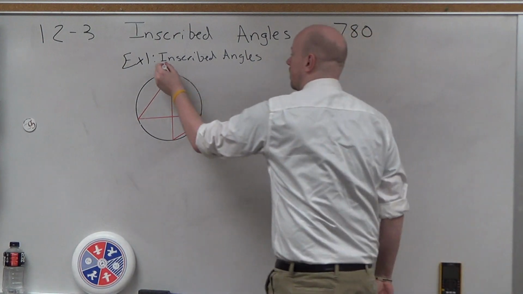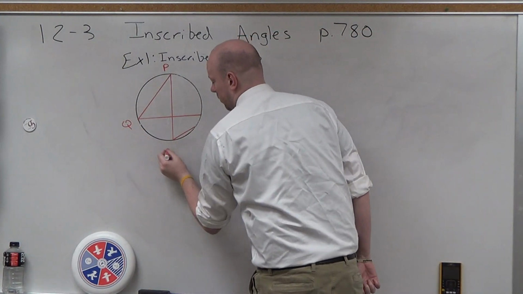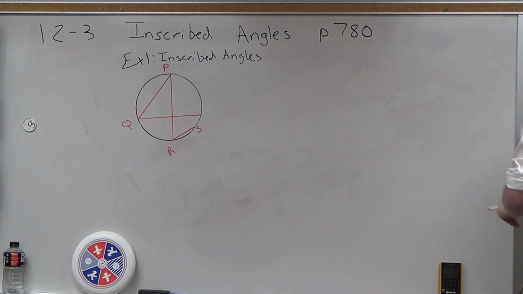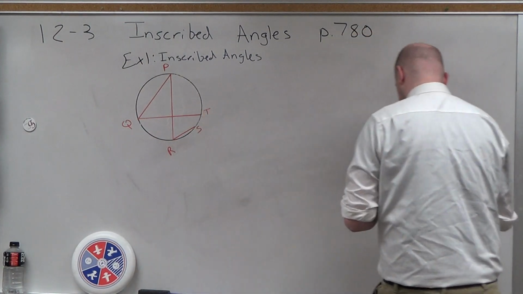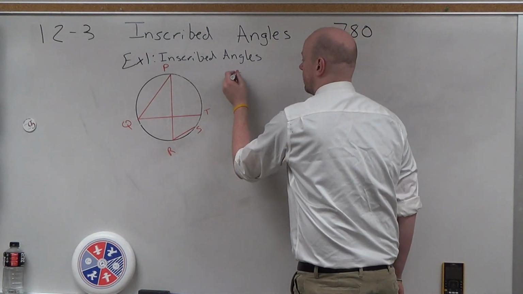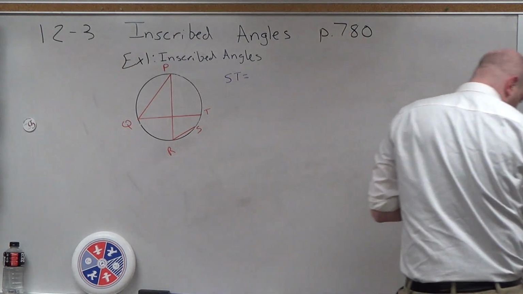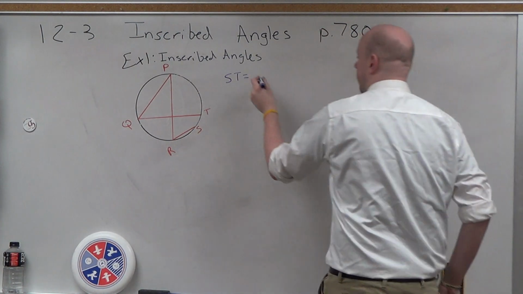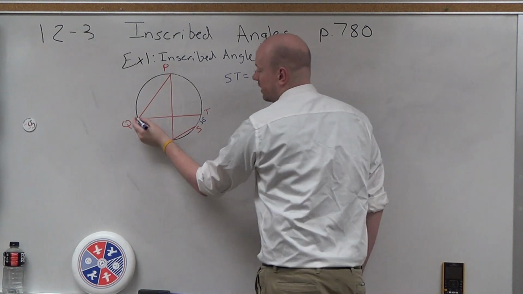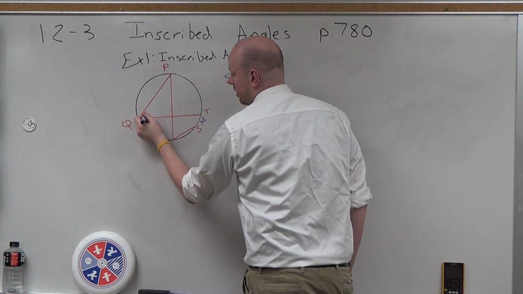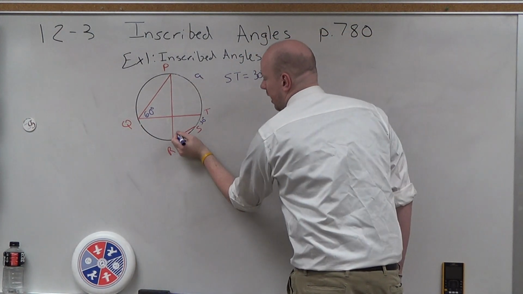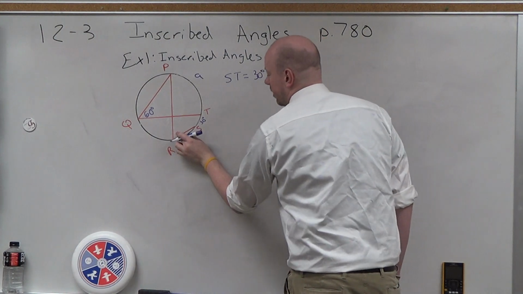Well, P, Q, R, S are good enough. Oh, I need one more for T. What if I told you that ST was 30 degrees? That this right here, angle Q, was 60 degrees, and we were trying to find A and B.